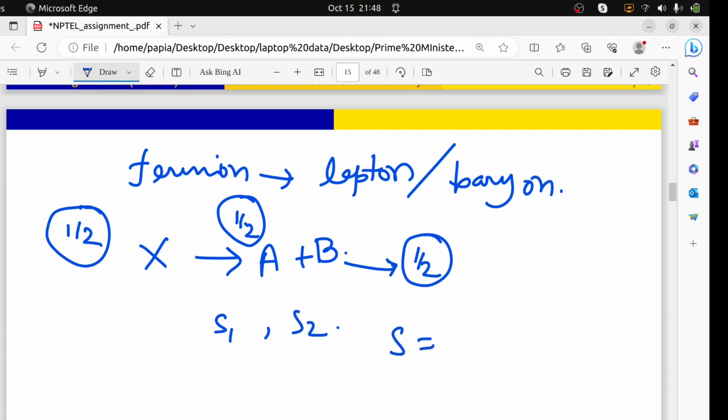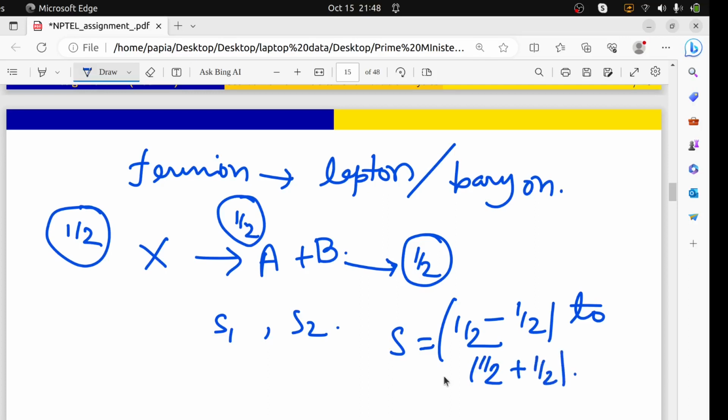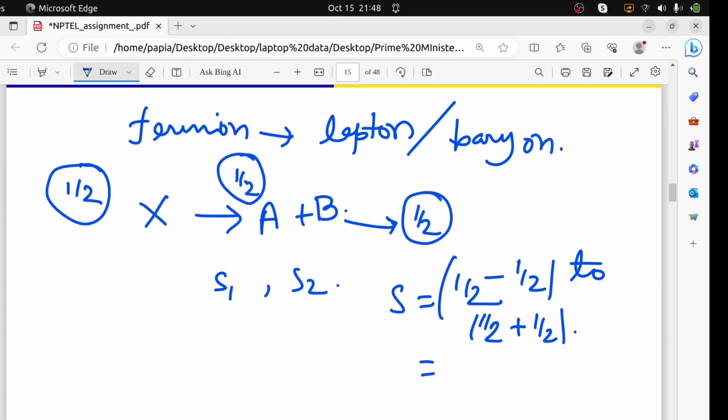So S will be, for this case, as this is a two particle product, that means in that case H1 and H2 will be like half minus half, half plus half, right? So that means it will be 0 and 1, right?